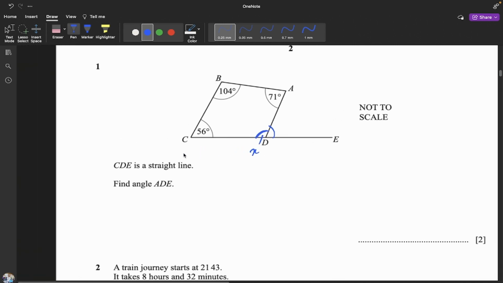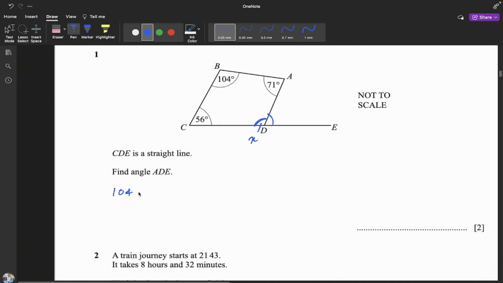Let's take this as x. 104 plus 71 plus 56 plus x will give you 360. Addition of these two will give you 175, so 175 plus 56 plus x equals 360. You can just use a calculator here, there is no problem.